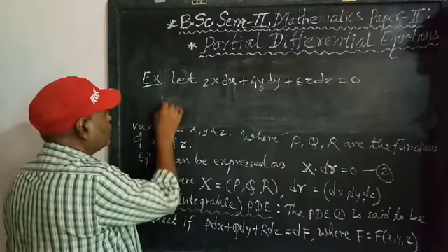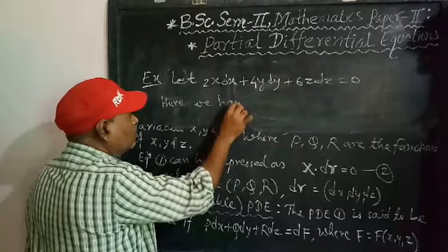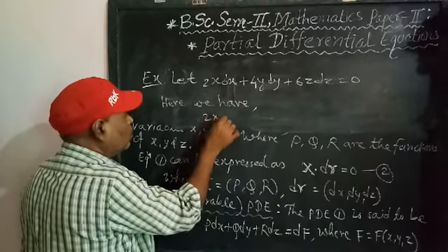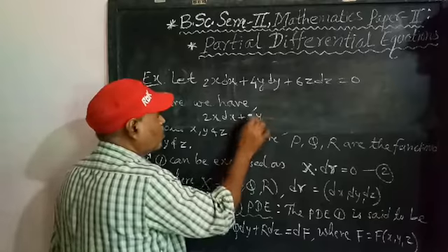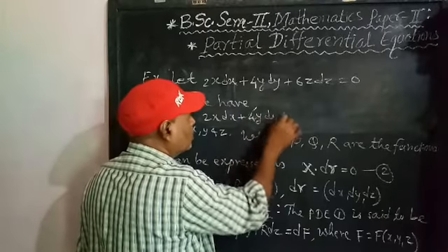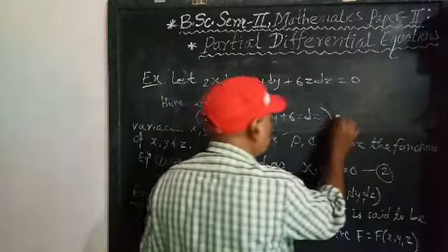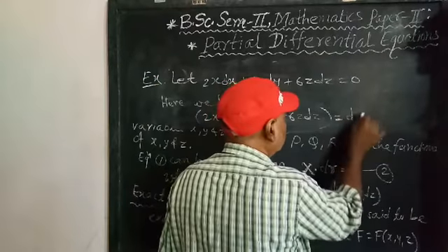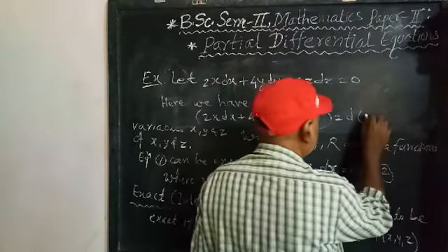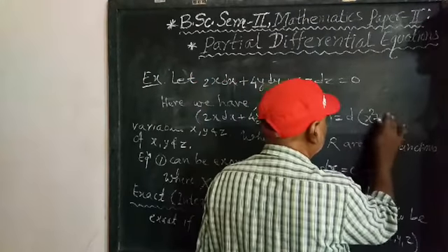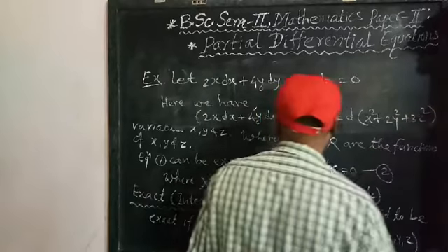Now we can write here 2x dx plus 4y dy plus 6z dz equal to the total differential of x square plus 2y square plus 3z square.